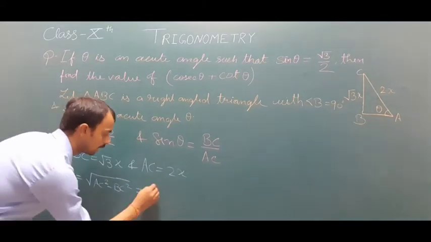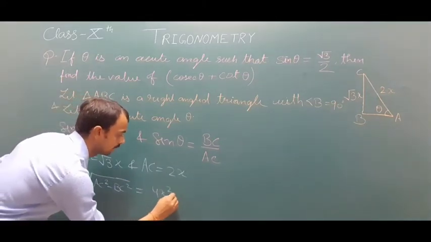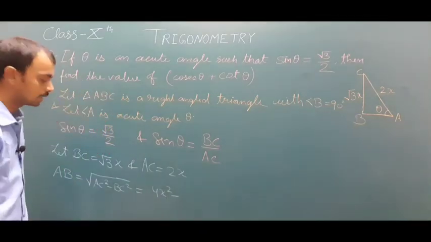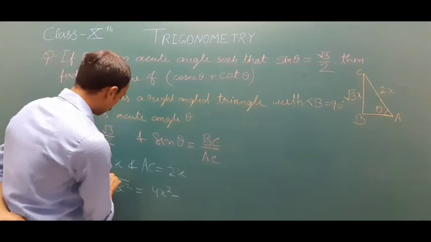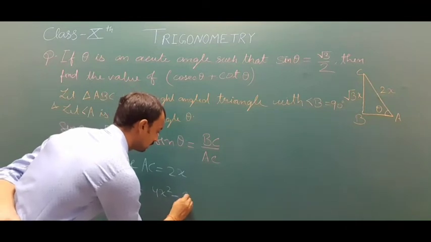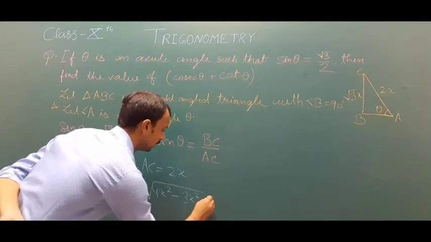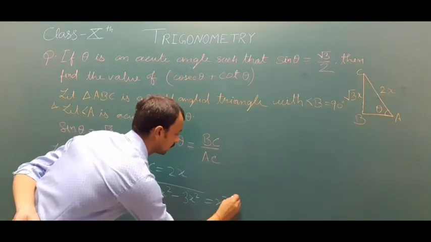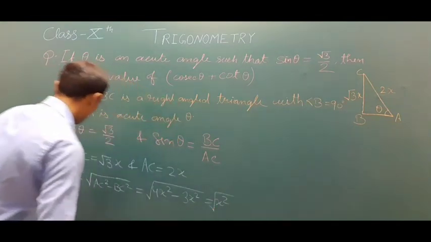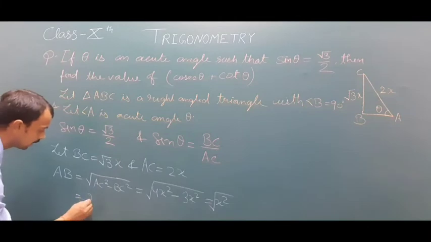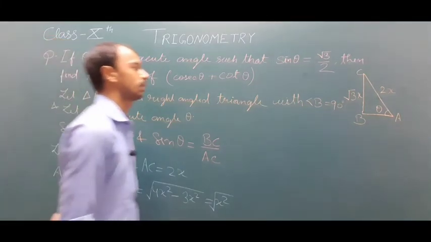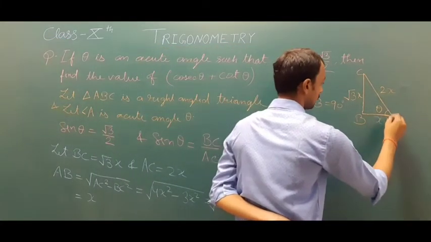Now AC square is 4x square and BC square is root 3x square, that is 3x square. Okay, so it will be under root of x square. So the value of AB will be x. So what is the value of AB? Value of AB is x.